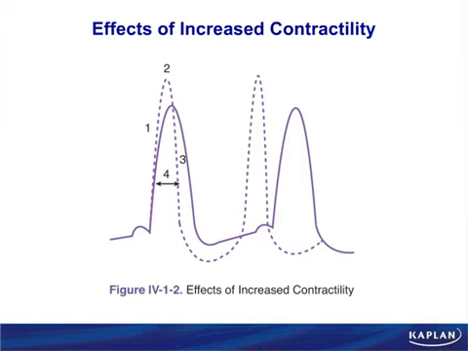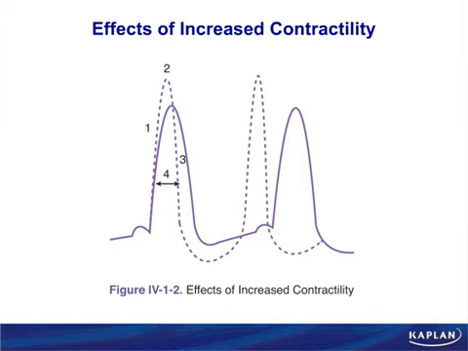Now we hit the heart with a beta-1 agonist like norepinephrine, dobutamine, epinephrine, etc. That's what's represented by the dashed lines. Notice the change in the pressure wave after giving the beta agonist. And we can label 4 different things on this. And we'll review it again after this slide. 1 represents dP/dt.